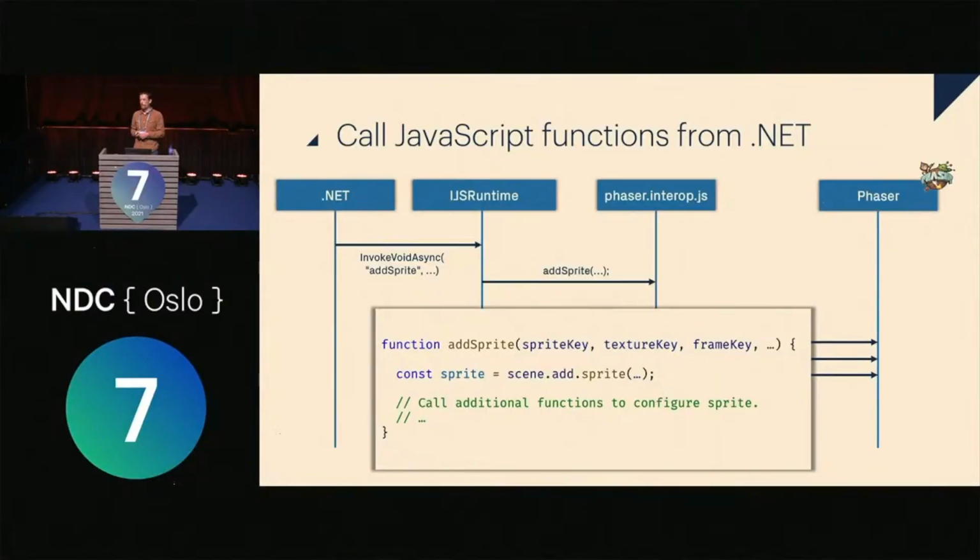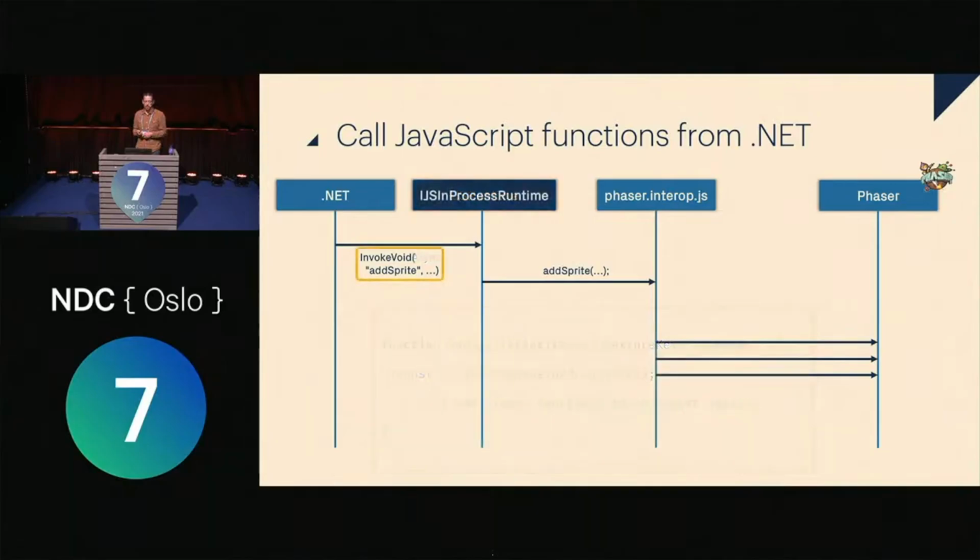But if I run in Blazor WebAssembly and I'm running in the browser next to the JavaScript engine, I don't need that to be asynchronous. I can make that a synchronous call. So I can actually cast IJSRuntime to IJSInProcessRuntime. And on IJSInProcessRuntime, I can invoke synchronous calls. And that saves a little bit of overhead. If you make a lot of calls, I think it's around 4 or 5 times faster than the async versions.